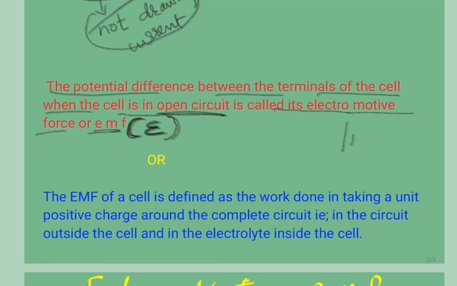Okay, now we have already defined potential or potential difference in terms of work done. I hope you remember we defined potential difference as work done per unit charge. So since EMF is a potential difference, we can write EMF also in terms of work done. Now let us see what EMF is in terms of work done by a charge.